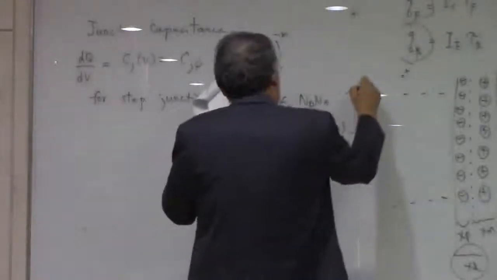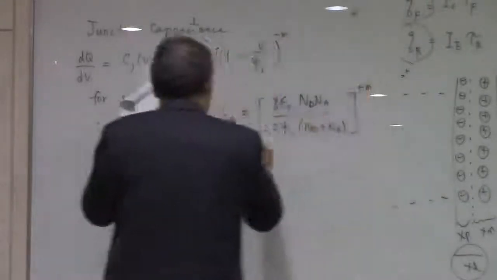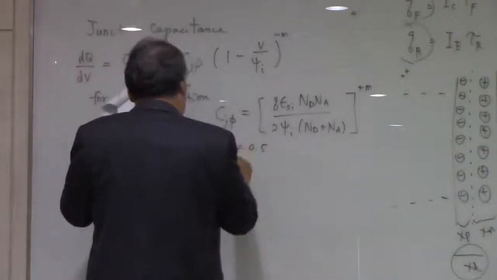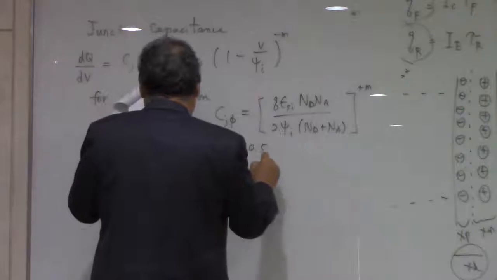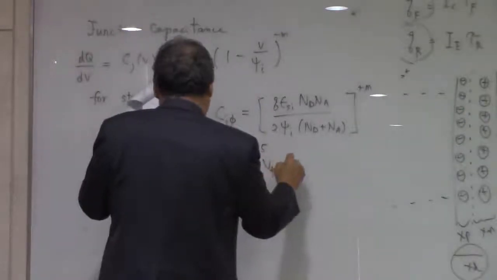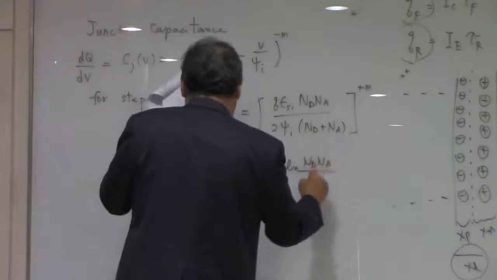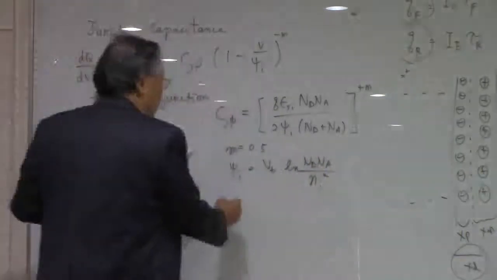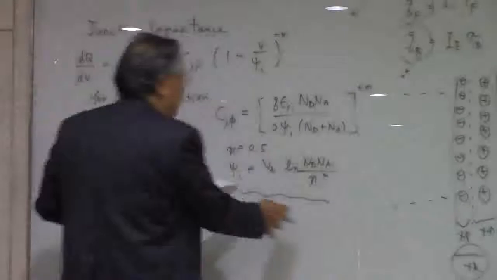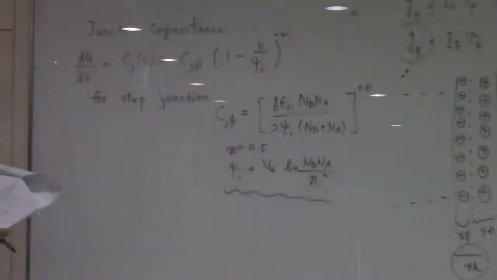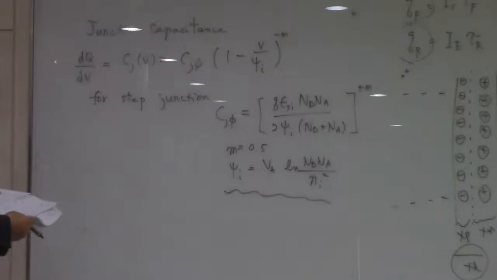Okay, and then here M is going to be 0.5, and phi I is going to be the thermal voltage times ND NA over NI squared. We have covered this in the diode case.